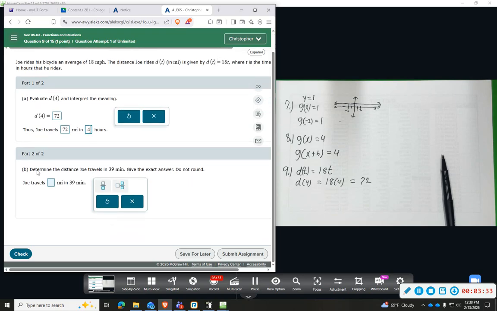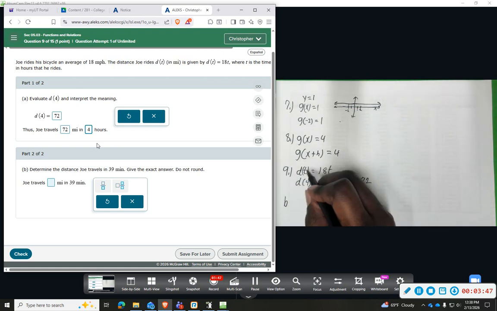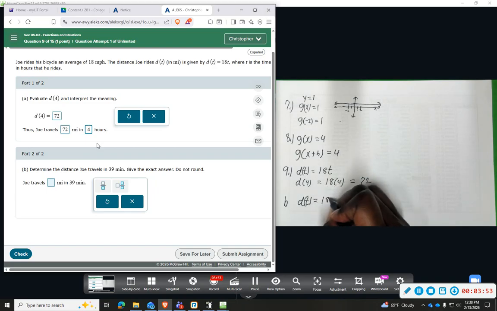And then part B, it tells us that Joe travels 39 miles. Give an exact answer, don't round. How long did he ride? So this time they give you the y value. So the 39 miles is the d of t. So you got d of t equals 18t.